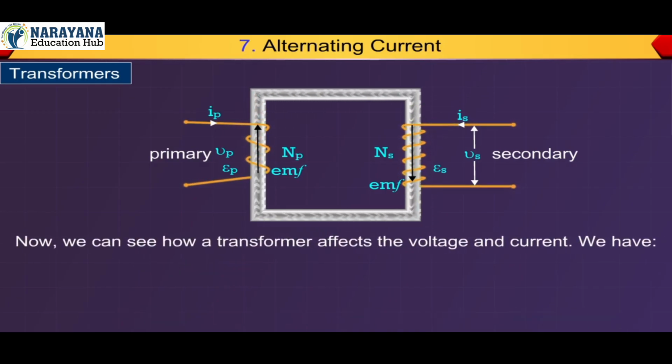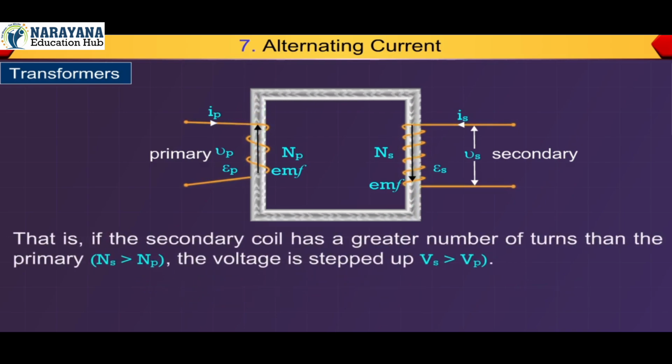Now we can see how a transformer affects the voltage and current. We have Vs = (Ns/Np) Vp and Is = (Np/Ns) Ip, equation 50. That is, if the secondary coil has a greater number of turns than the primary, Ns is greater than Np.